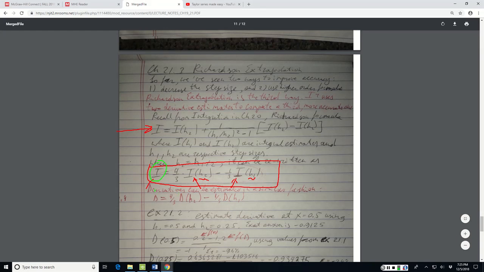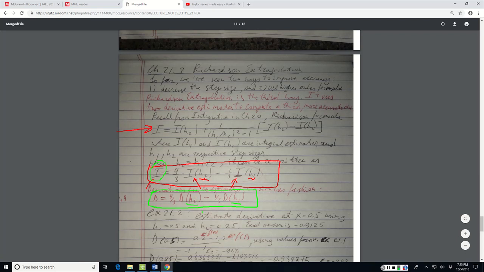Similarly, the formula is exactly the same. You just replace integrals with derivatives, so d stands for derivative. You can improve your estimate of the derivative by taking 2 lower accuracy estimates of the derivative with a different step size. One has a step size of h1, the other one has a step size of h2.